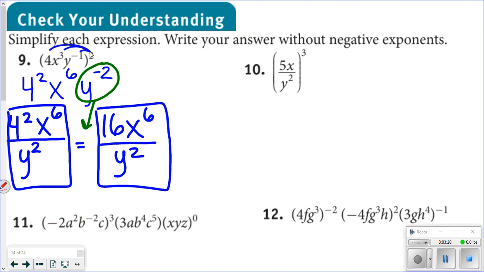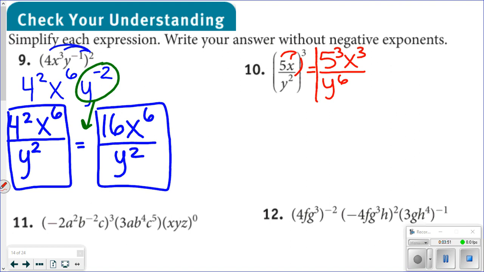So for this fraction, we're taking this cubed exponent and we're distributing it to each base in the numerator. So 3 goes to the 5 and to the x, and it also goes to the denominator, which is y squared. So it's 5 cubed x cubed divided by y, 2 times 3 is 6.